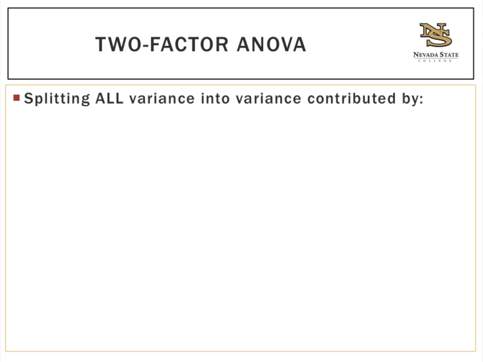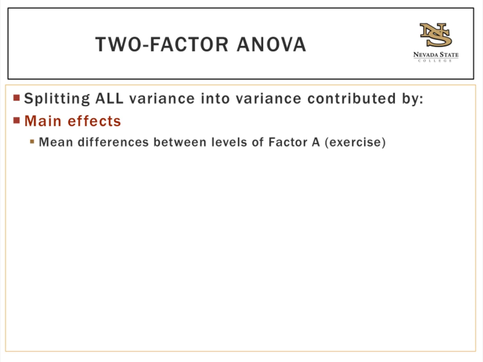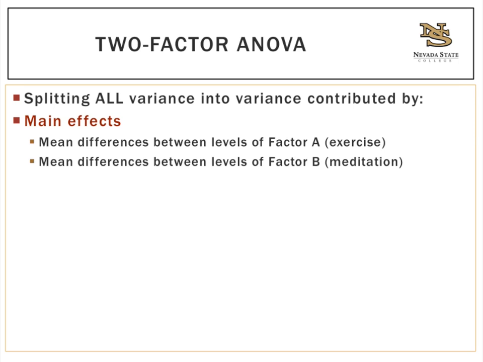So what you're doing is you're splitting all of the variance, all of it, into what is contributing to that variance. As you think about your main effects, these are the mean differences between levels of factor A. It's similar to the t-test, but we're still analyzing variance, right?